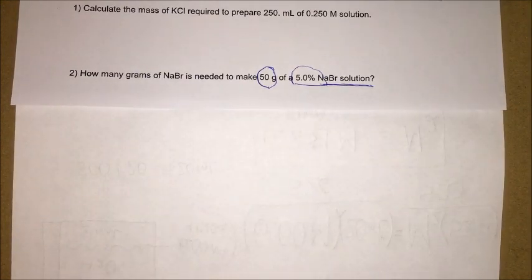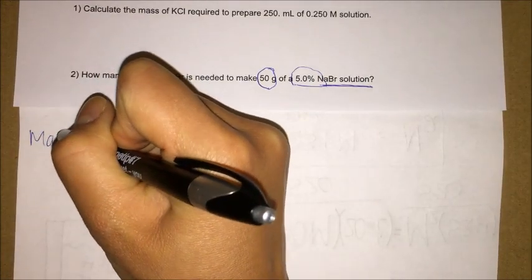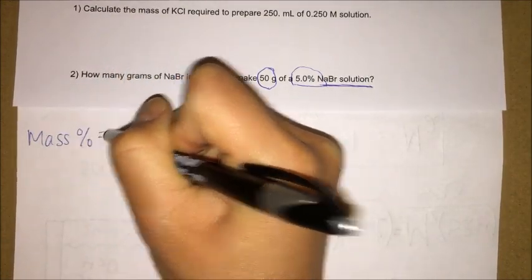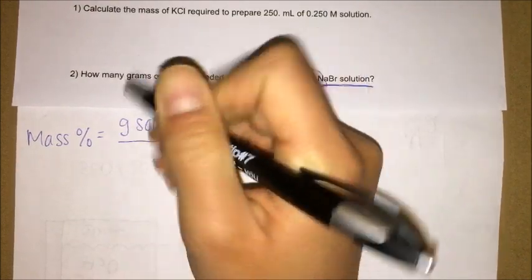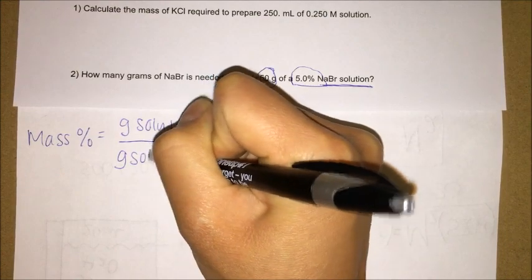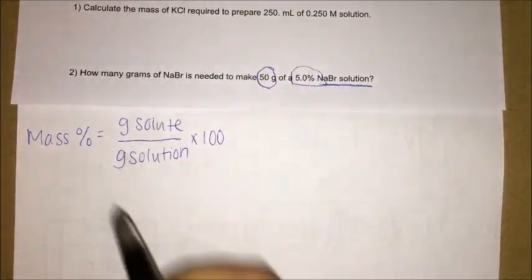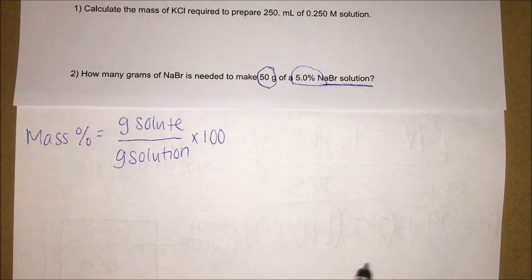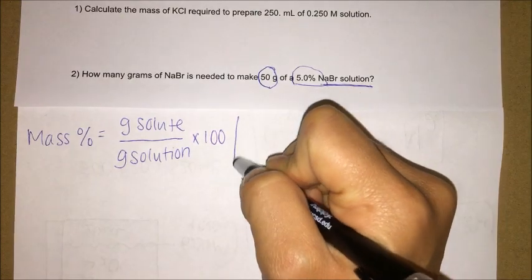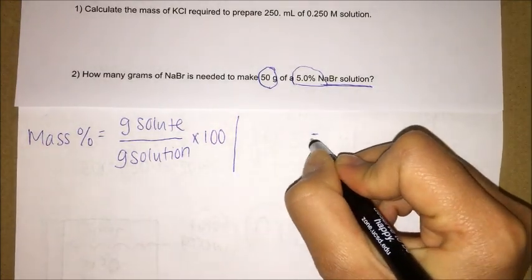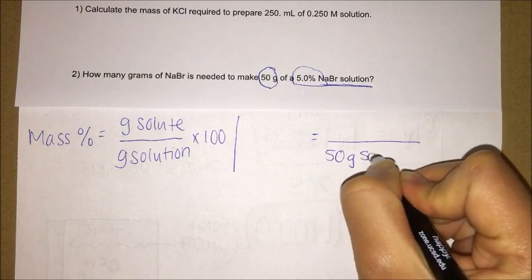So I'm going to rewrite the equation here. We have mass percent equals your grams of solute over your grams of solution times 100. We know your grams of solution is 50, so I'm going to plug 50 grams of solution at the bottom.